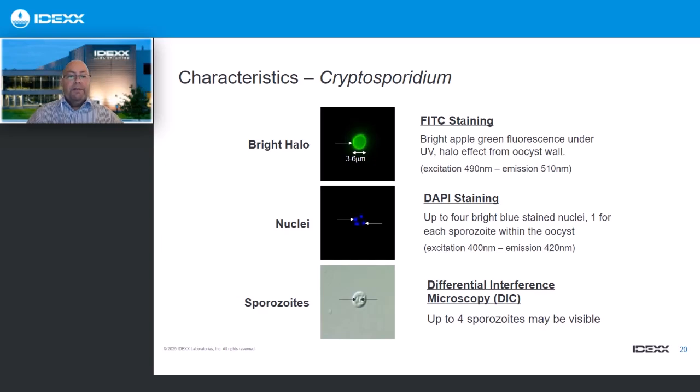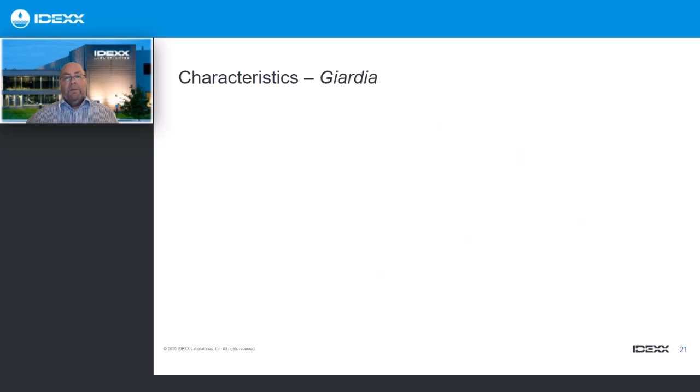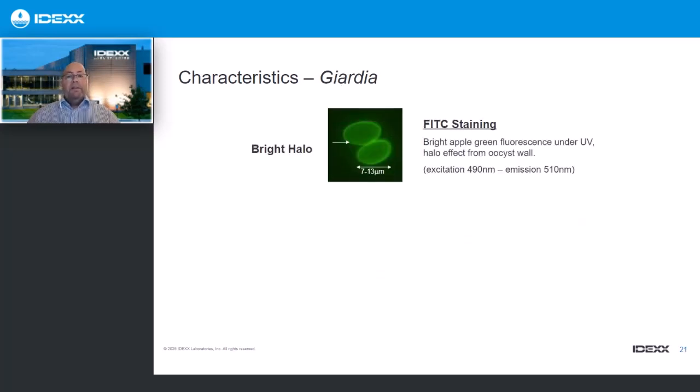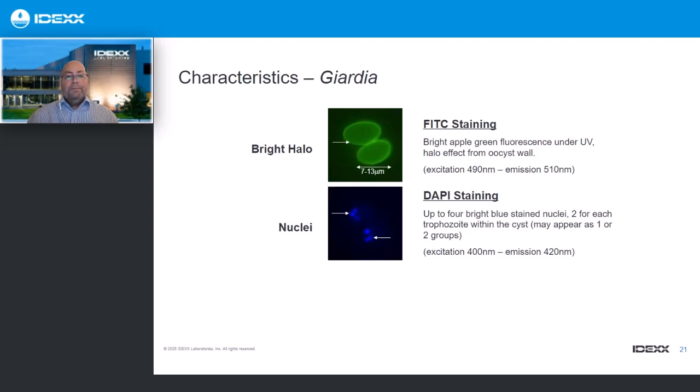And then also in certain situations, particularly at higher magnifications, like 100 times magnification, we can identify sporozoites within the oocyst itself. With Giardia, it's a little easier because it's a slightly larger organism, but again, we're looking for this bright apple green fluorescence and this typical halo.